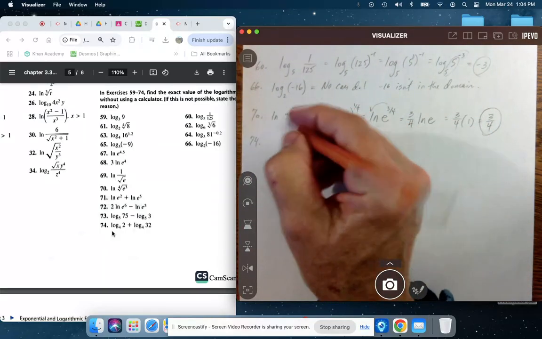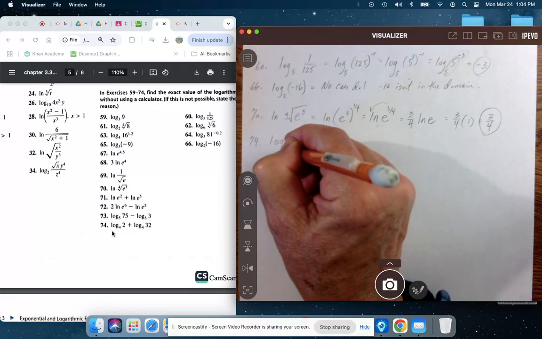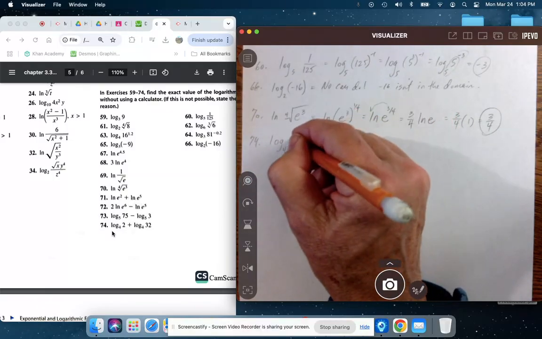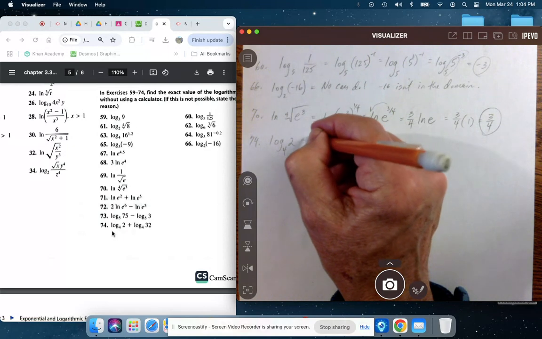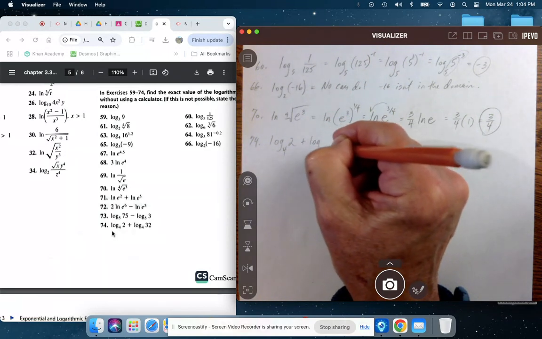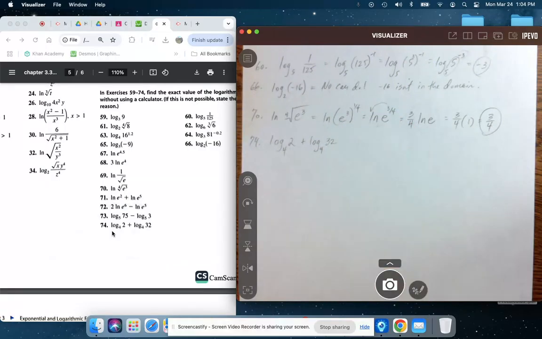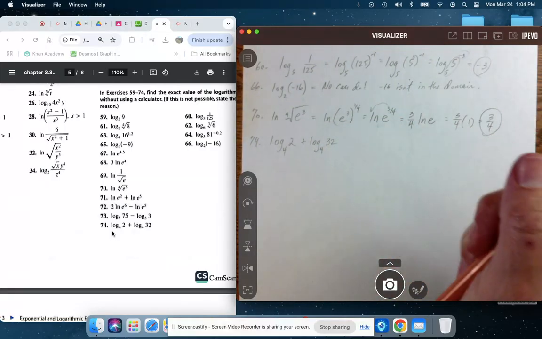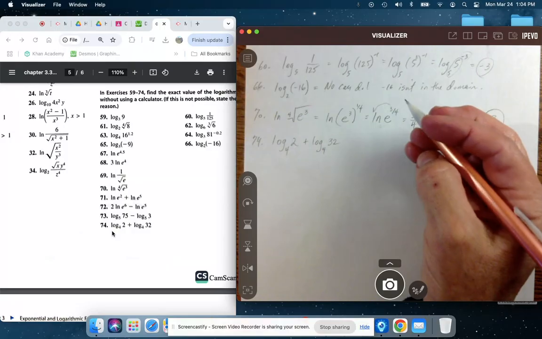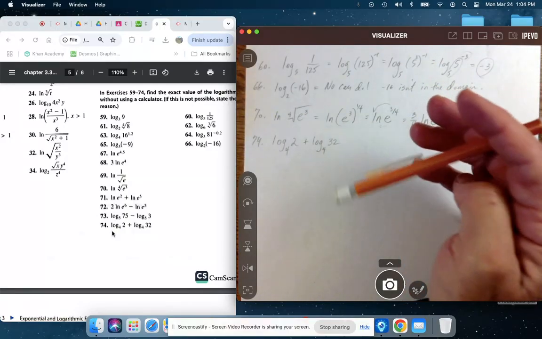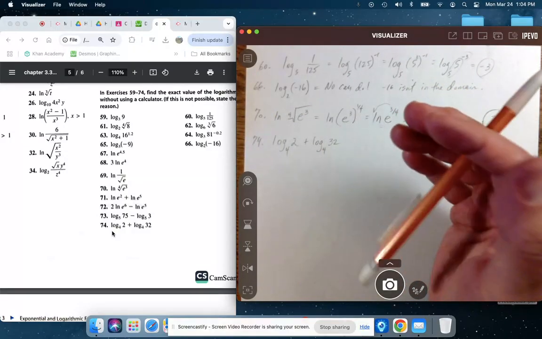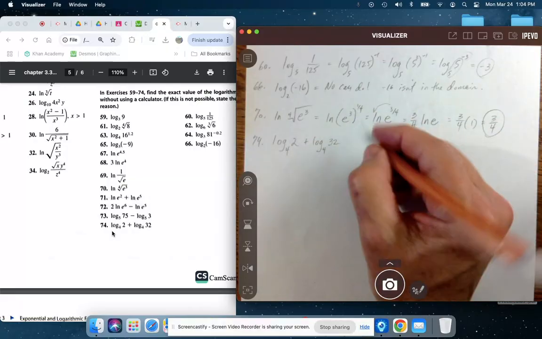So 74 is log base 4 of 2 plus log base 4 of 32. Okay. I can multiply those.